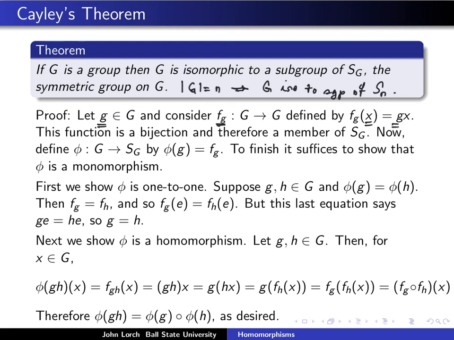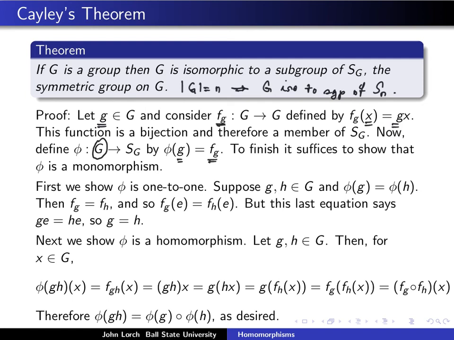So it turns out that this function is a bijection and therefore a member of the symmetric group S sub G. Now, we're going to define a function phi that goes from our group G into the symmetric group by having this function send little g to the corresponding function f sub g.